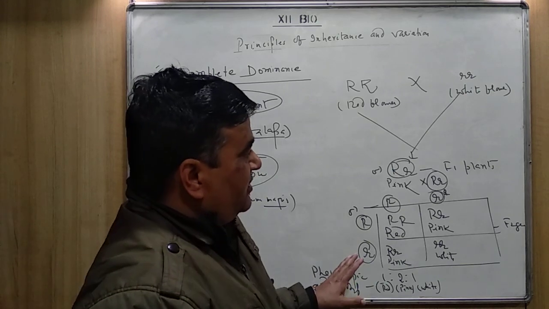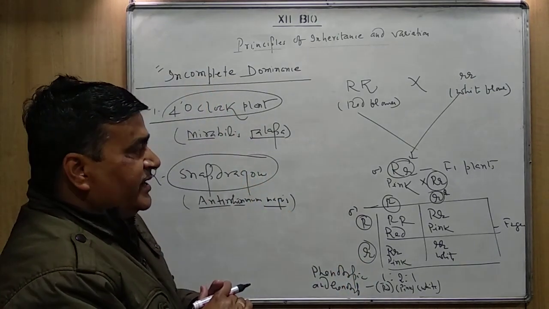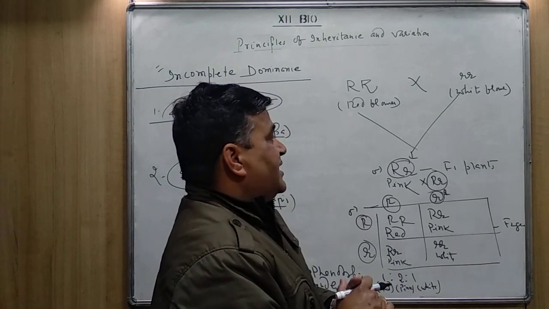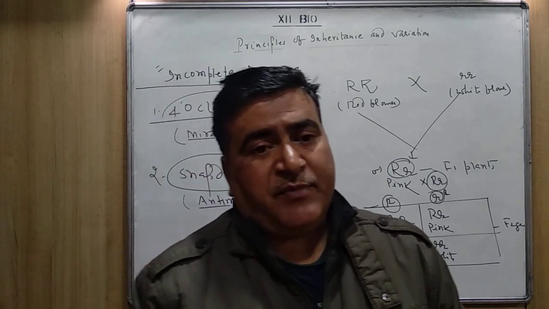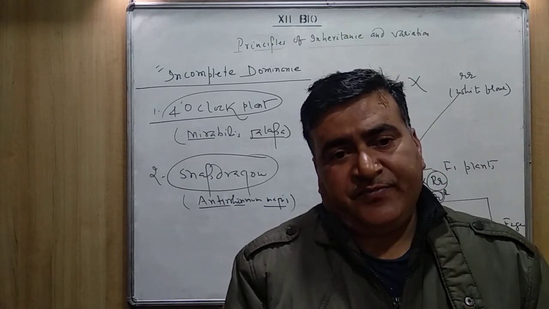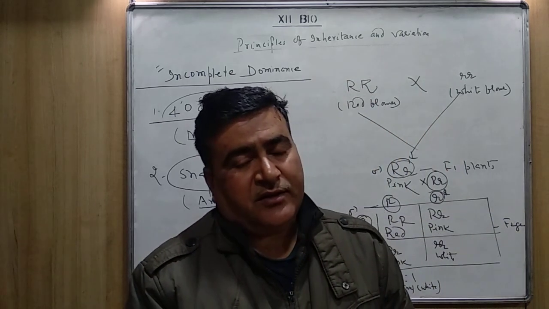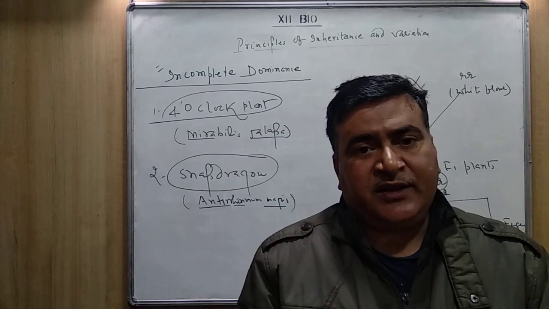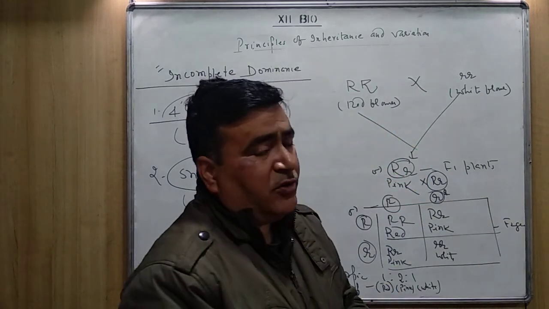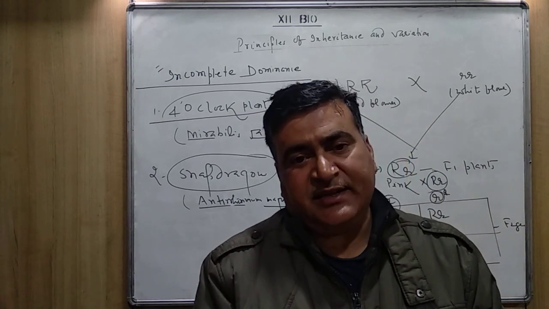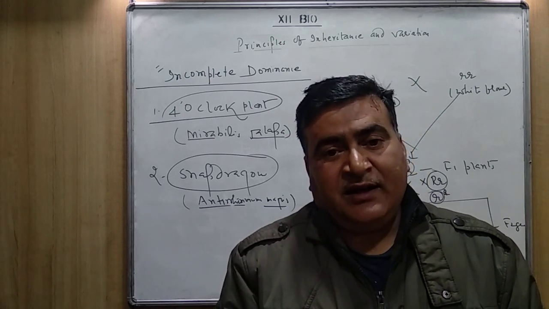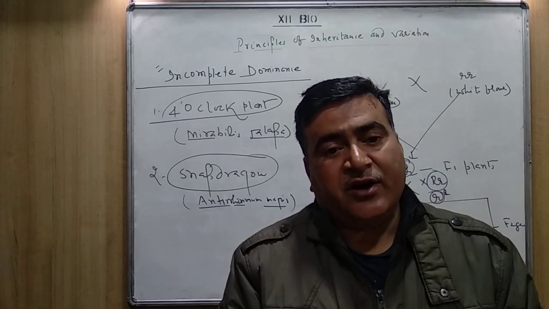Now let us understand what incomplete dominance is. In incomplete dominance, when the two contrasting alleles of a particular trait are crossed, and both the alleles of a character are present in the heterozygous form, no one is dominant, no one is recessive. Both the alleles, R and small r, combine together in the F1 generation, and both produce an intermediate character, and this is called incomplete dominance.